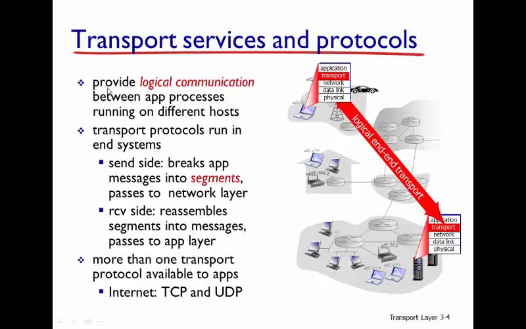What it does is provide logical communication between application processes running on different hosts. Transport protocols run in end systems, so there is a sender side and a receiver side. At the sender side, it breaks the application message into segments. So first the message can be broken into a smaller size.